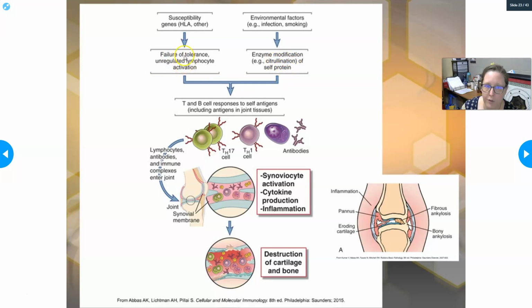Then you have failure of tolerance and unregulated lymphocyte activation. Then that gives you B and T cell responses to self-antigens, so it gives you autoantibodies, cytotoxic T cells, etc. And then that antigen or that tissue gets destroyed, and in this case it is the synovial membrane of the joints. And it causes crushing of cartilage and bone and pain in the joints and loss of function.